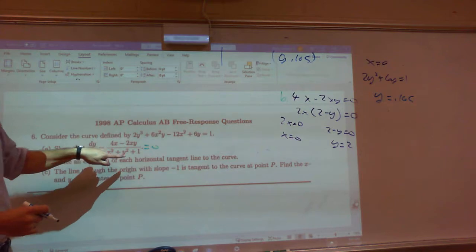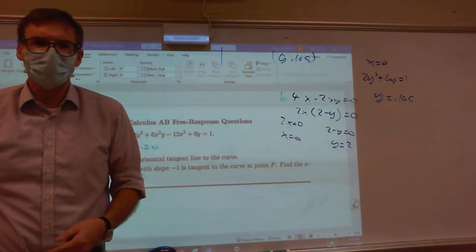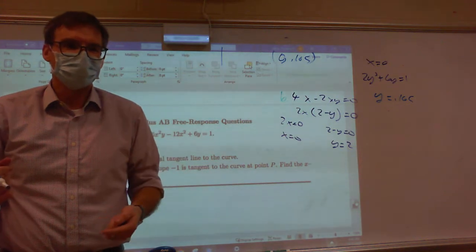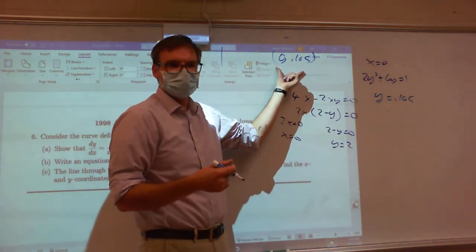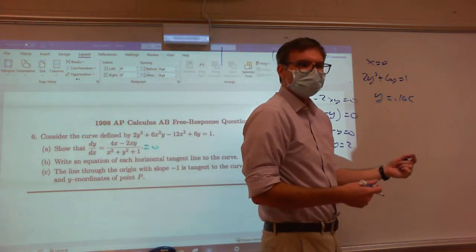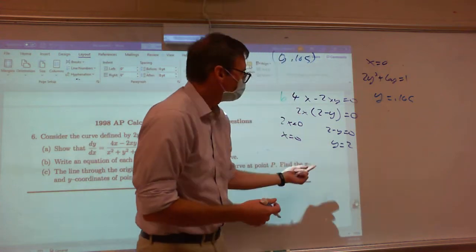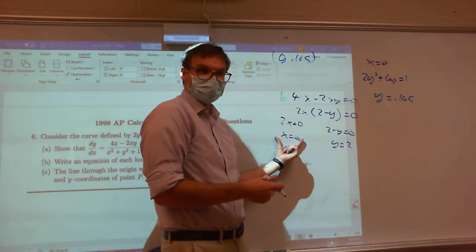Write an equation of each horizontal tangent line to the curve. Horizontal lines look like y equals a number. So if it's horizontal at this point, what's my equation of the line? y equals 0.165. That's one horizontal tangent line.